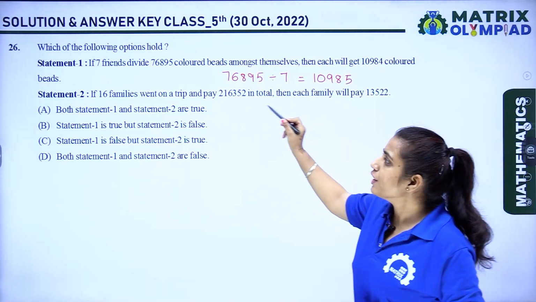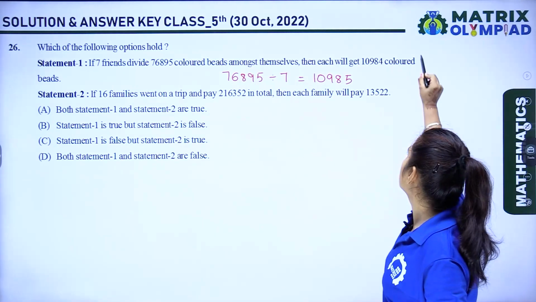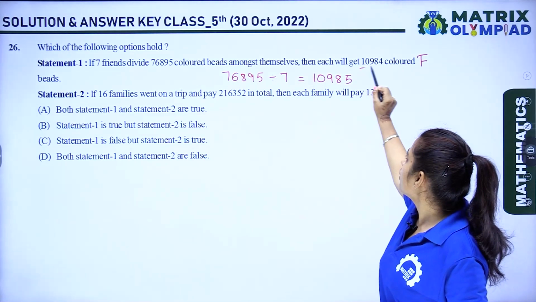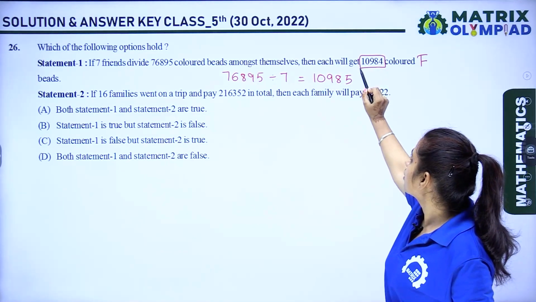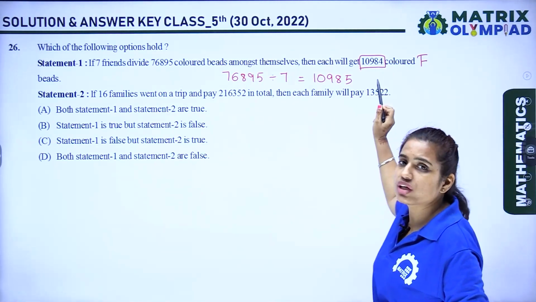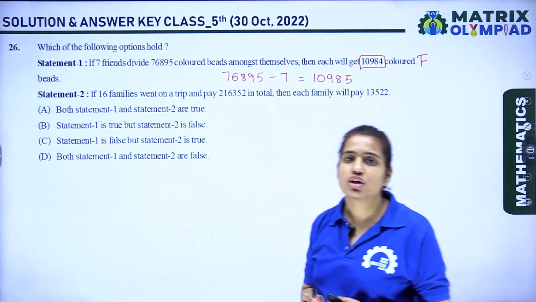So according to statement 1, we can say that statement 1 is false, as in the calculation it is written 10,984 instead of 10,985. So statement first is false.